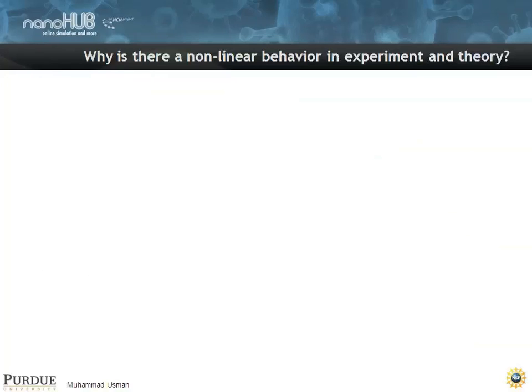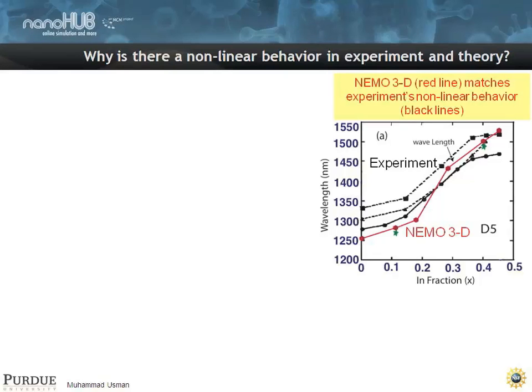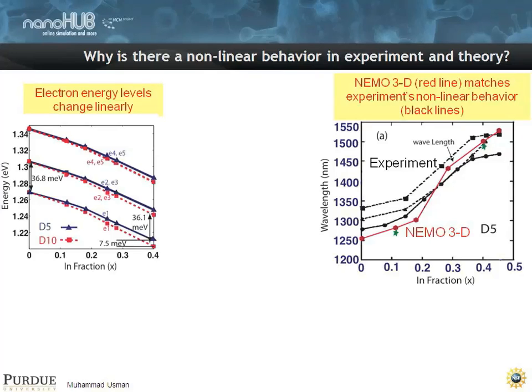Finally, you need to ask yourself, why is there a nonlinear behavior in this experiment and theory? As you remember, this curve is not just a straight line. Why is it so nonlinear? What you can plot here is that the conduction band states all move rather smoothly. So the electron eigenstates have no nonlinearity.